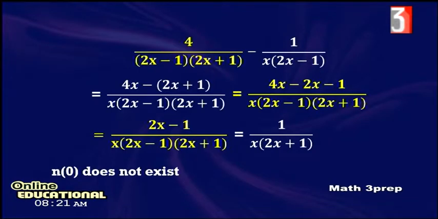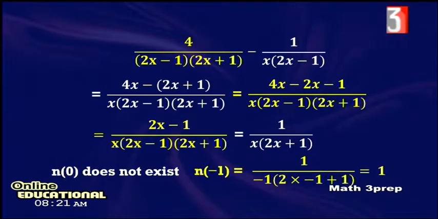It doesn't exist. Then what about n of negative 1? Yes, you can substitute for the value of x with negative 1. So it is 1 over negative 1 times (2 times negative 1 plus 1) to obtain a result as 1. Let us have another example.